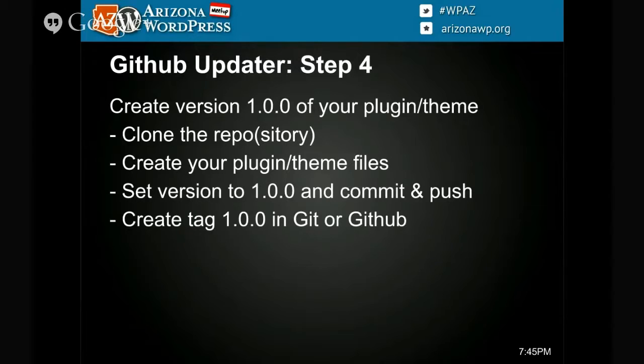So the last part is what Jeremy was talking about that the UI won't do for you on GitHub's UI, is that you need to create a tag for this version of your plugin in Git or on GitHub. That brings up a good point.